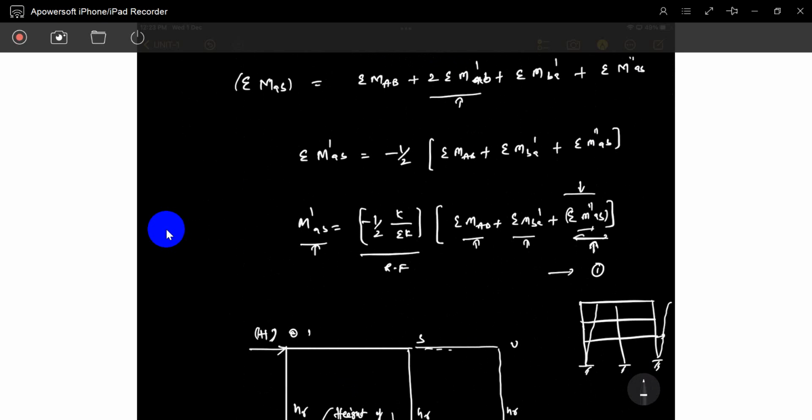So this value: sum of the fixed end moments, sum of the rotational contributions towards that joint, plus this value, the translational contributions at that joint: AB, AC, AD.